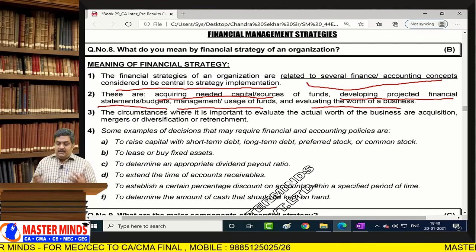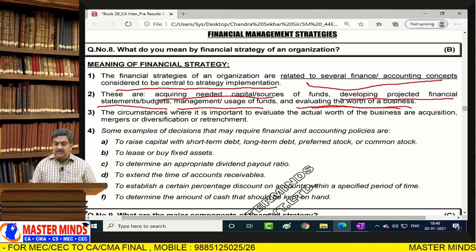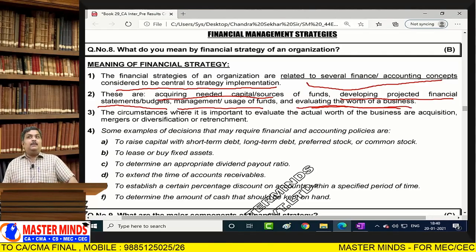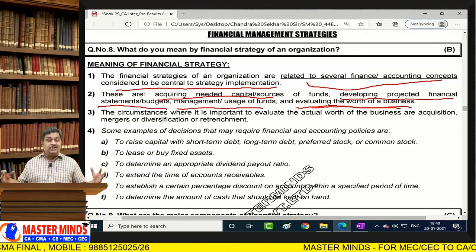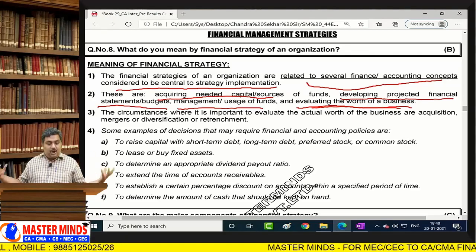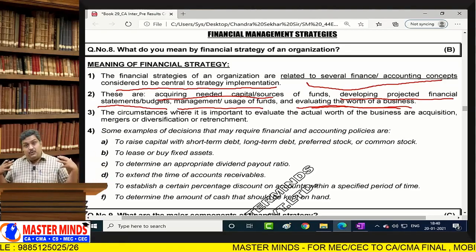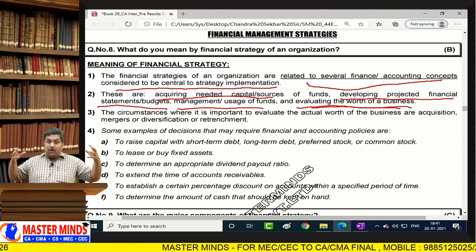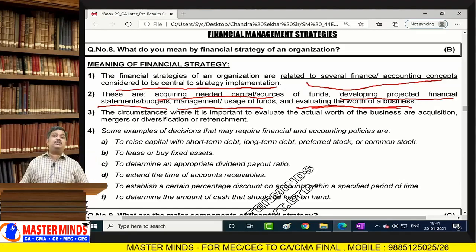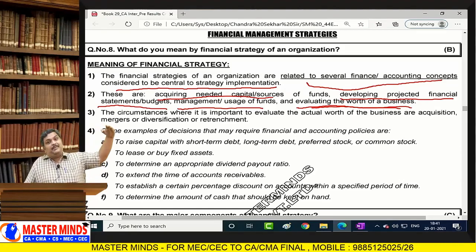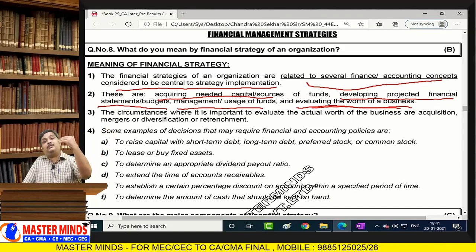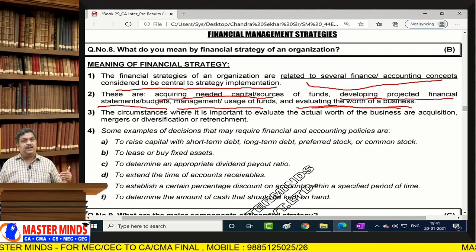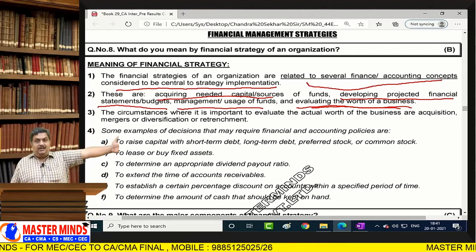Now, sir, why is evaluating the worth of a business an important part in financial strategy making? See, there may be a lot of mergers, acquisitions, forming joint ventures, or whenever you want to diversify your business, or whenever you want to retrench your business. At all these times, it is very much essential to know the net worth of the company. What is your net worth before diversification? What is the net worth of your company after diversification? What is the net worth of the company before retrenchment?